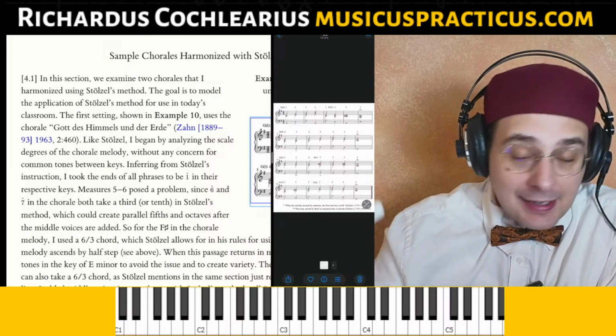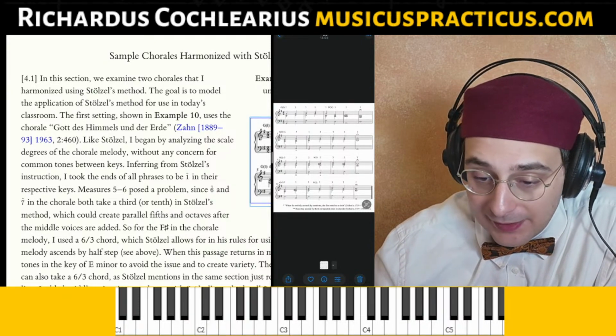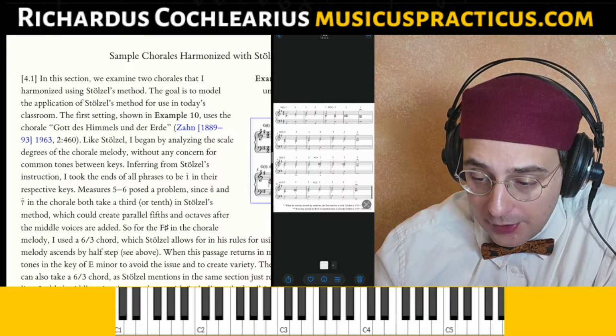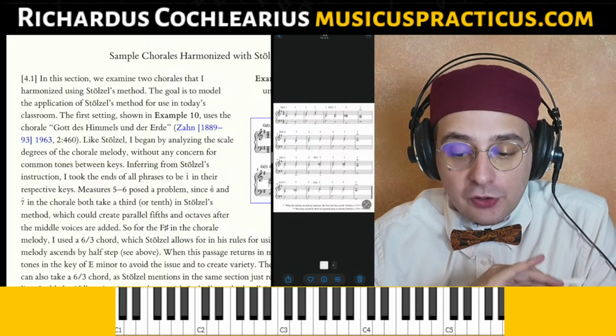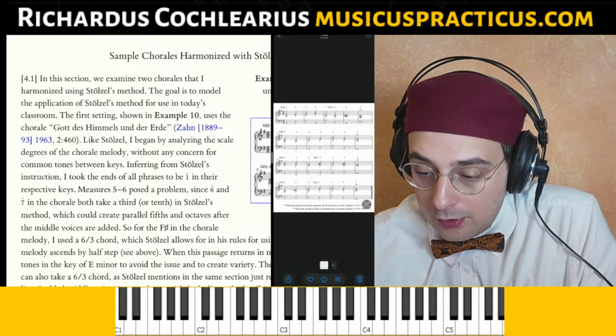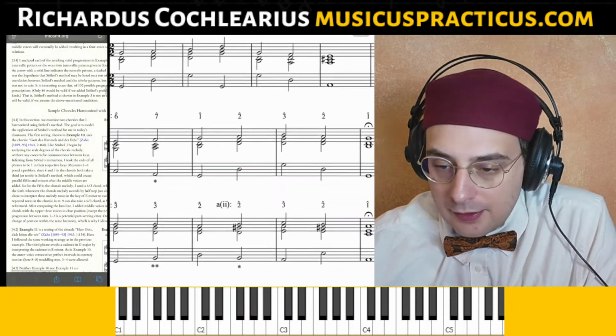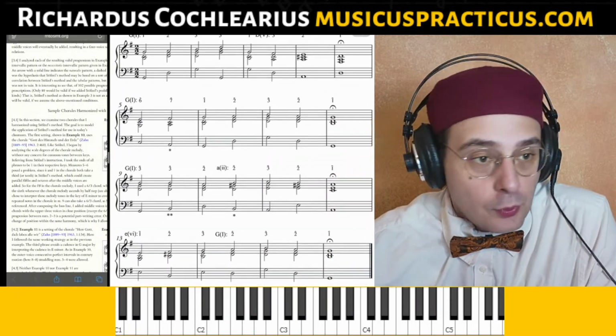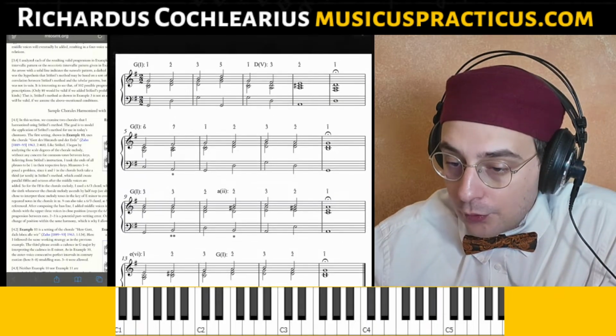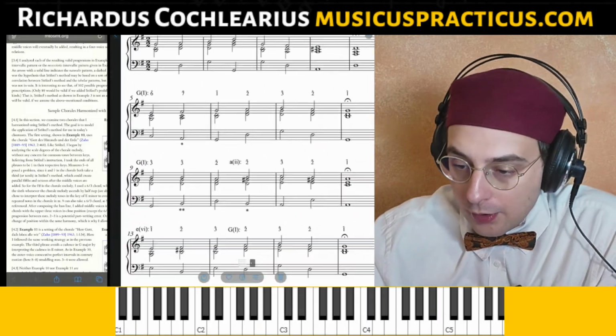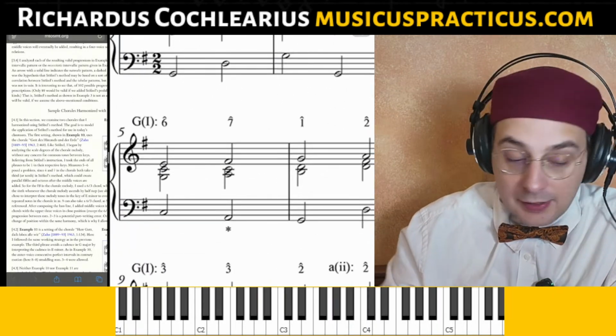I began by analyzing the scale degrees of the chorale melody without any concern for common tones between keys. So the analysis of the scale degrees is what you can see with numbers 1, 2, 3 written above the melody.